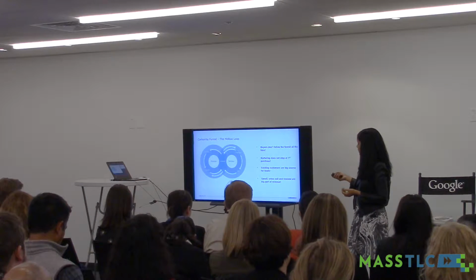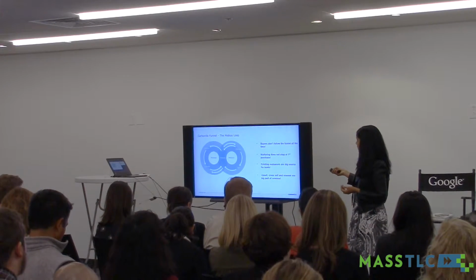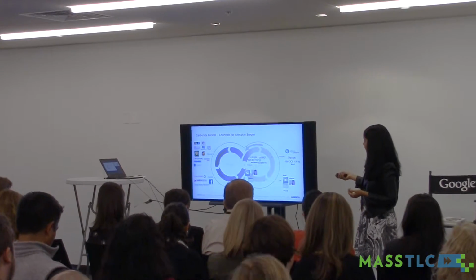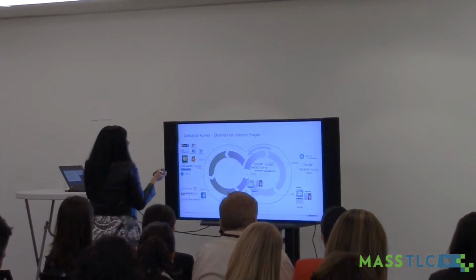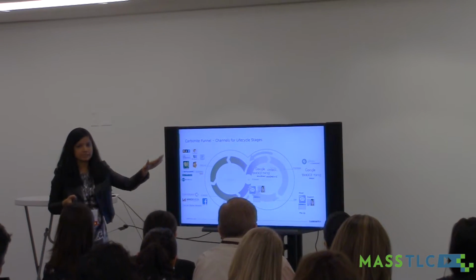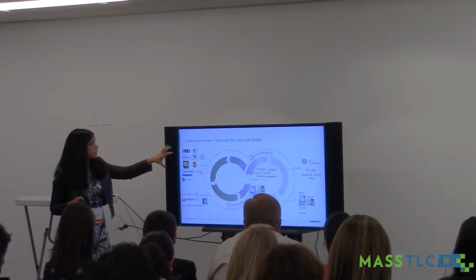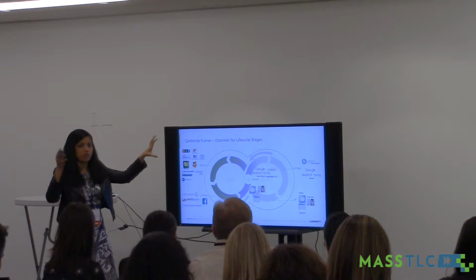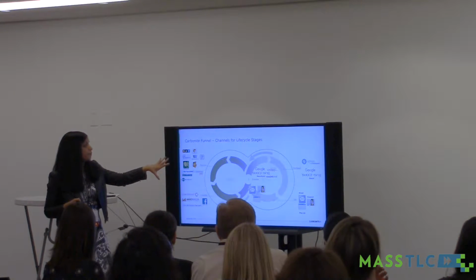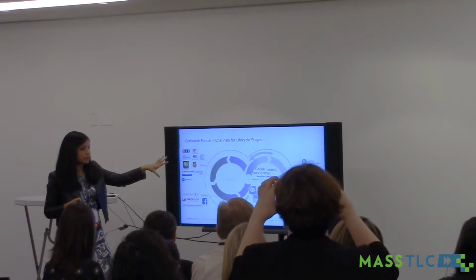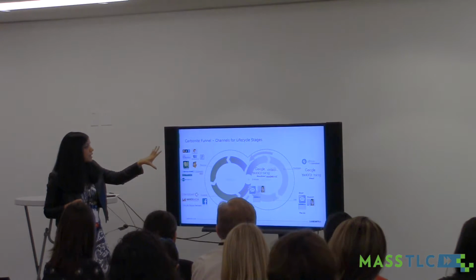So going into the loop, what channels are we using for each of these stages? For discover, getting the word out there and increasing our reach, we do a lot of radio, podcasts, and display advertisement.